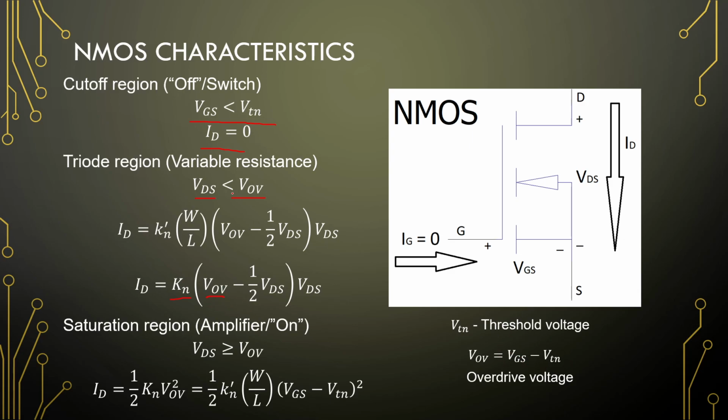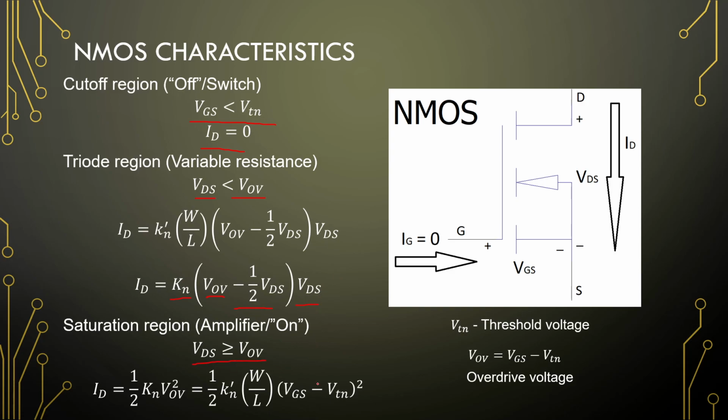So this is to ensure that we are not in cutoff, and then you just subtract your drain source voltages, half of it, and multiply by it, and this gives you basically variable resistance. Okay, so this is when your amplifier or MOSFET reacts like a variable resistance.